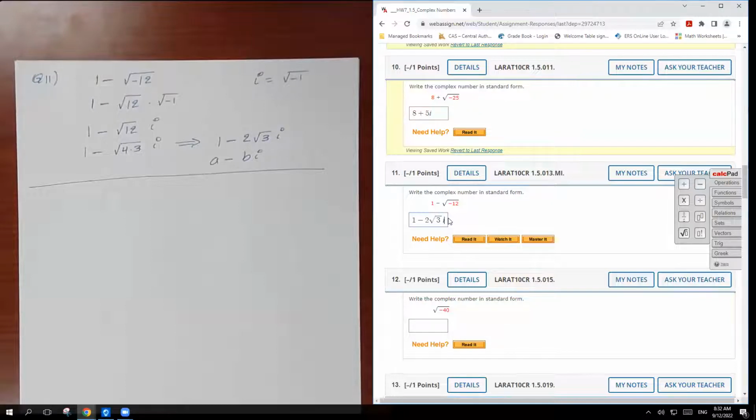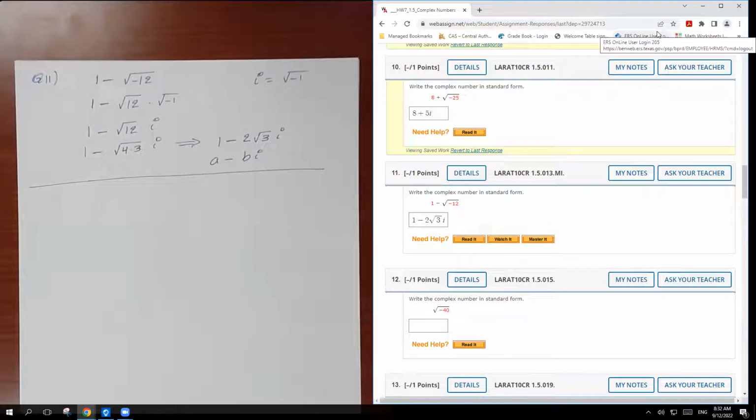You can write the i in the beginning, or you can write the i between the 2 and the root, and it's going to be right. Or if you want to write the i on the end, make sure the i is outside the root to get the right answer, because if you put it inside the root, it's going to be wrong.